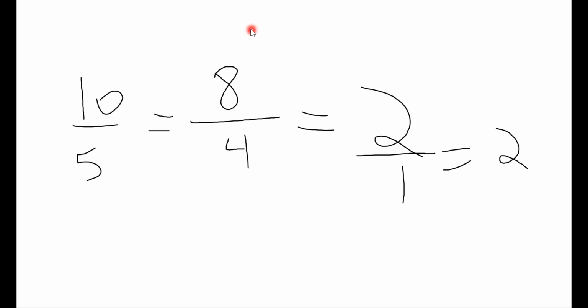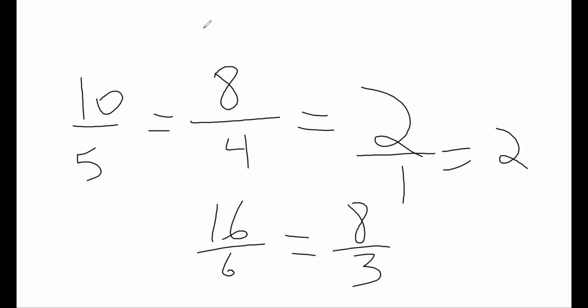There are times when you want to call it 2 over 1, maybe because you've got to do some math with it. And so, of course, you could have something else like 16 over 6. Well, if you remember how to reduce fractions, it looks like the top and bottom can both be divided by 2. So you divide the top by 2, you get 8.